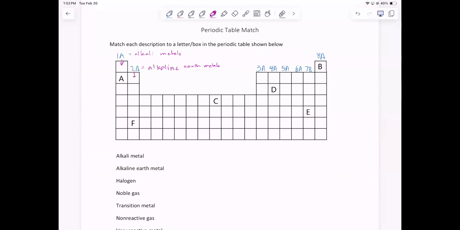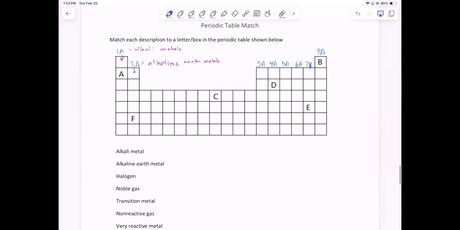This is 7A, jumping over here. These are your halogens, and halogens are very reactive gases. And 8A are called noble gases, and those are non-reactive gases. They don't react, or they're inert. They're called noble because they basically rise above everything that's going on in the periodic table, where all these elements are reacting with each other.